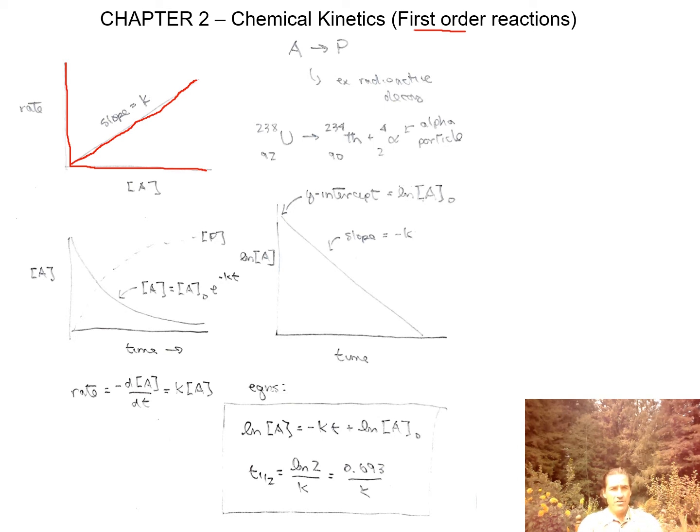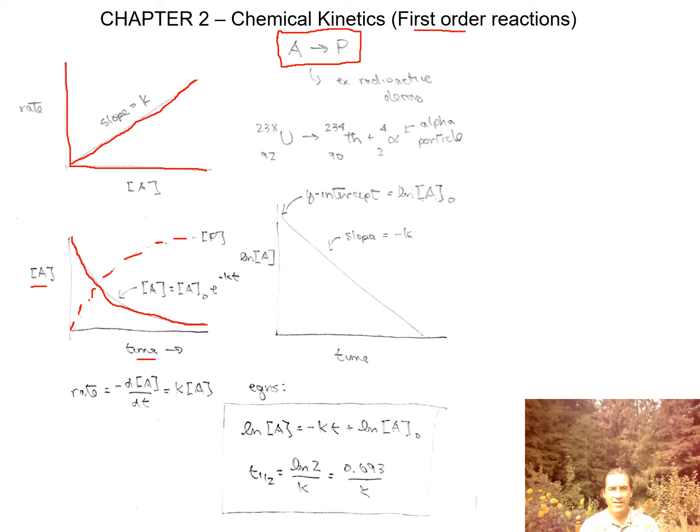If we plot concentration versus time, what we'll find is that this is actually an exponential decay reaction for first order. And the products will form logarithmically increase over time.